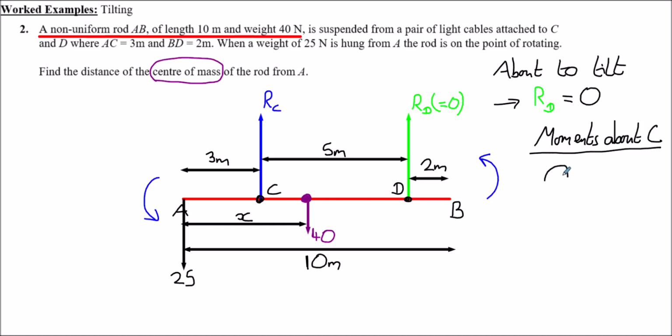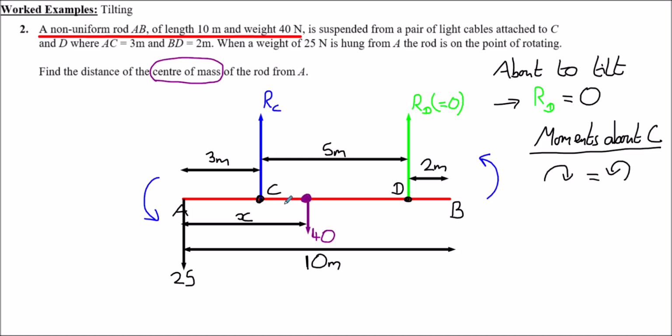Obviously, as ever, the clockwise sum of moments equals the anti-clockwise sum. So relative to C, what forces are going this way? Well, it's just this 40 Newton force actually. So what we need to do is calculate the distance from here to there. And we know actually now that this is going to be x.